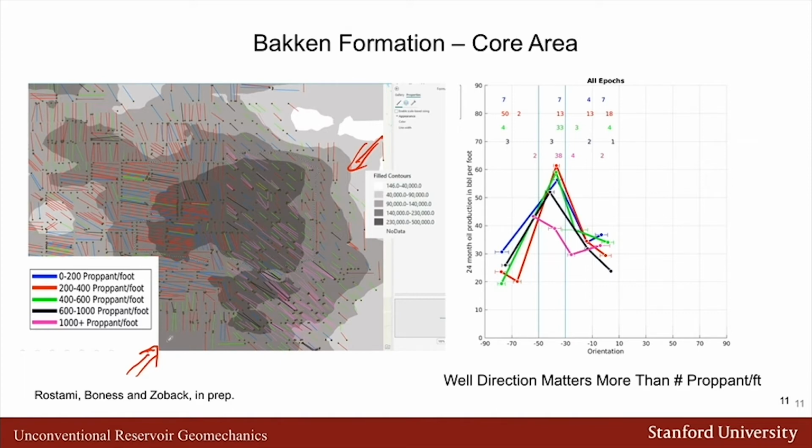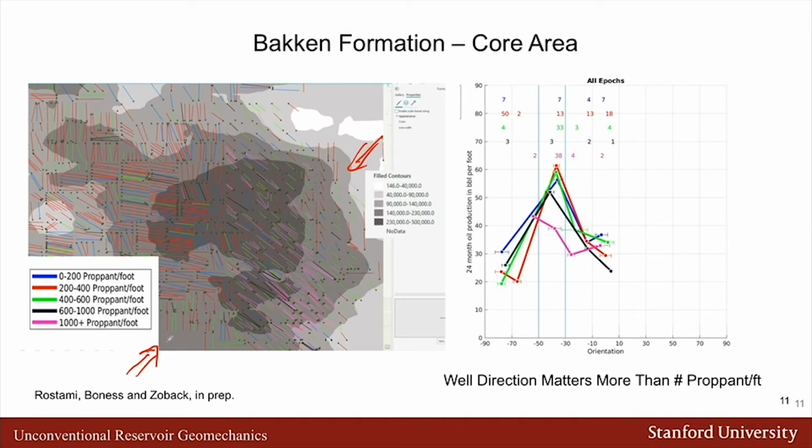This also reflects the epoch in which the wells were drilled. All the operators were steadily increasing the amount of proppant over time. So you can almost think of this as a time plot, with the blue being the oldest wells, the red being the next oldest, green, etc., with the bright pink color representing the most recently drilled wells.